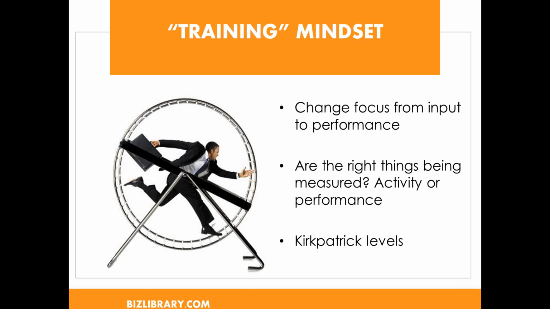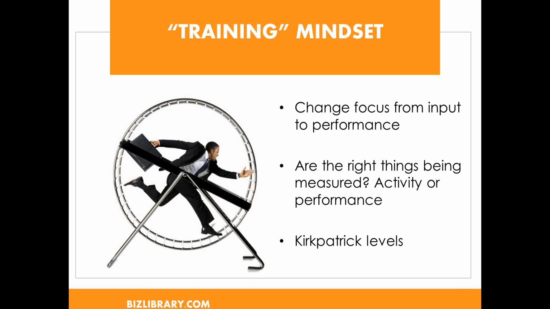On the other hand, by focusing on the performance, which was teaching people how to build strategic relationships, we have a really good chance of getting to where we need to go. So we have to move into a performance improvement mindset to make sure that we're really driving the behaviors that we want to improve.